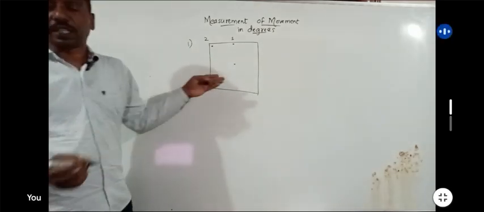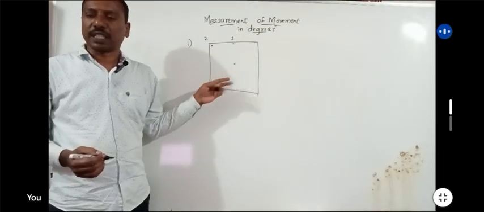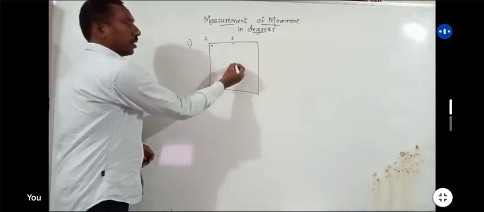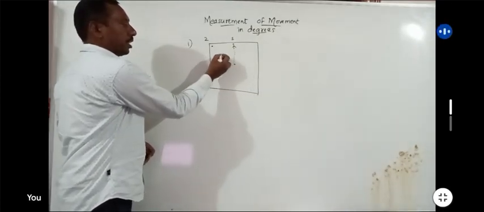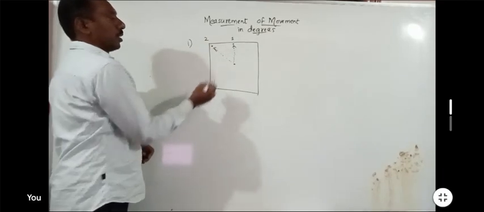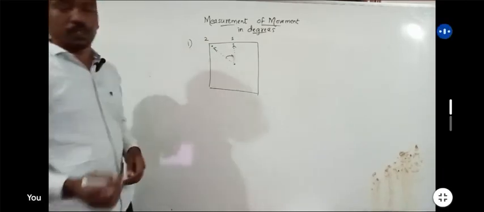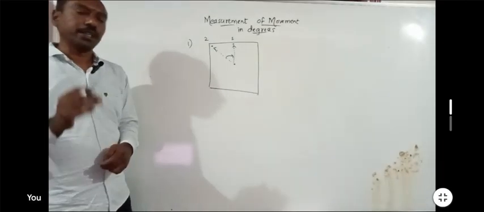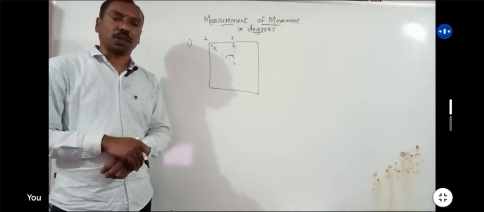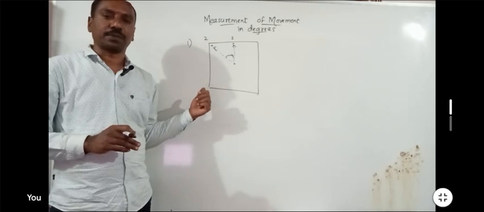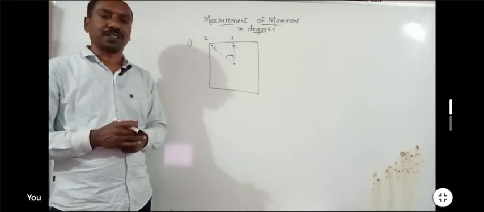First, mark the center of the square, draw an imaginary line to the first position, and draw another imaginary line to the second position. Now an angle is formed between these two lines. Can you guess and tell me what the measurement of this angle will be? You think and tell me.